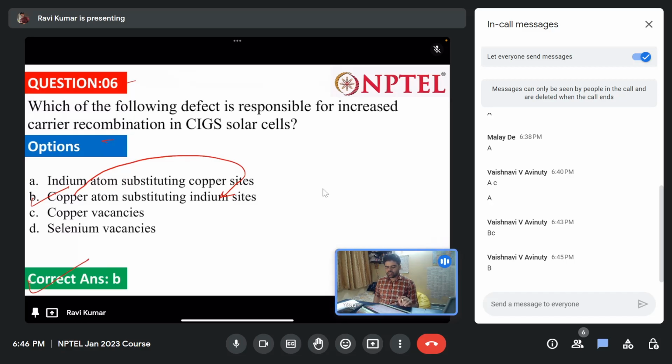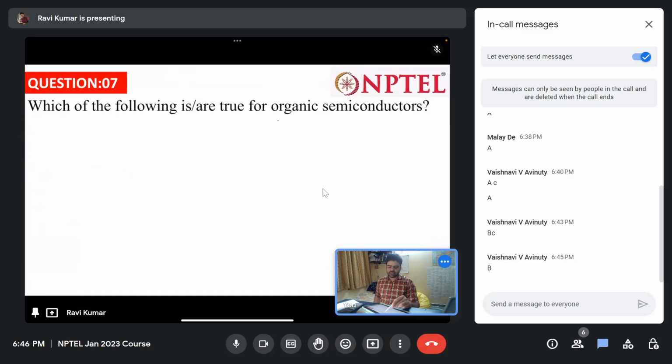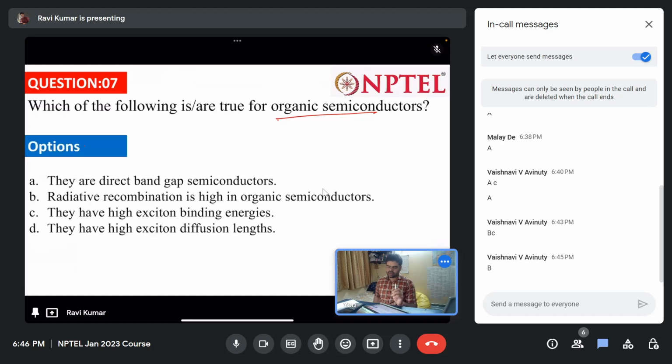Next question, which of the following is true for organic semiconductor? Same question as it was in the first one, but with a very slight change.